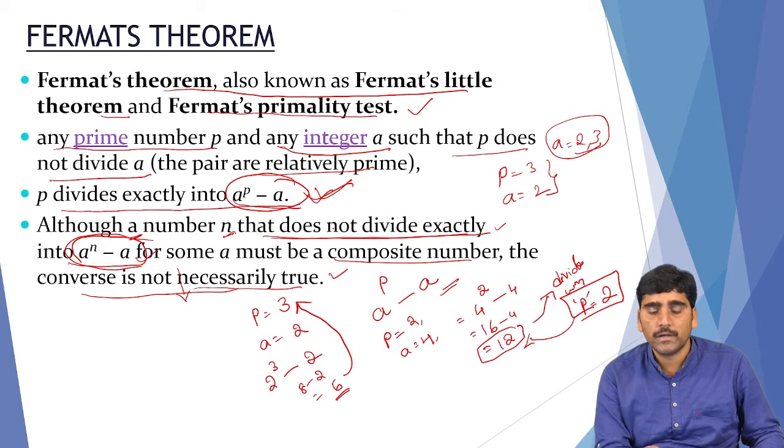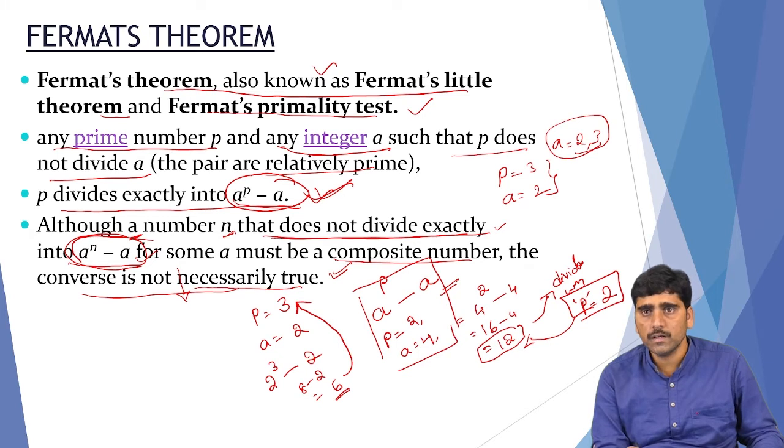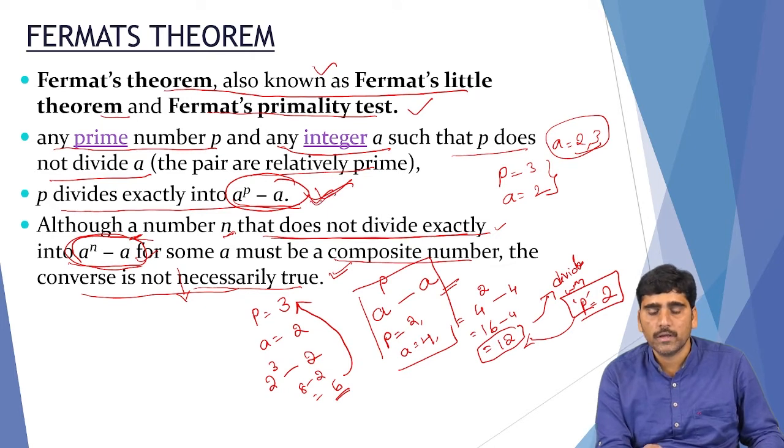So Fermat's theorem is a primality test with the help of integers and prime numbers. When p divides a power p minus a, it is true, and for a power n minus a, it does not divide, so it is not necessarily true. Fermat's theorem is performed on prime numbers and any integers. The theorem supports the formula a power p minus a, and it does not support a power n minus a, where n is any natural integer.